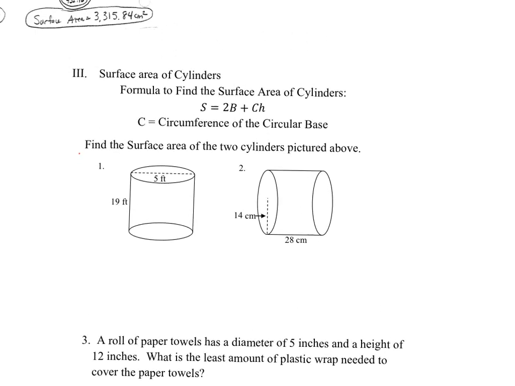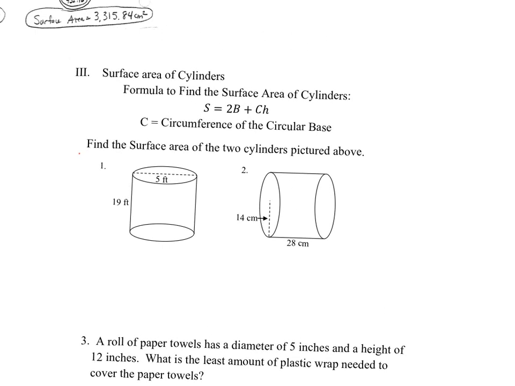So here, the formula for the surface area of a cylinder is exactly like the formula for the surface area of a prism. The only difference here, and it's really honestly a difference in language, is the fact that we can't say it's 2 times your base area plus perimeter times height.